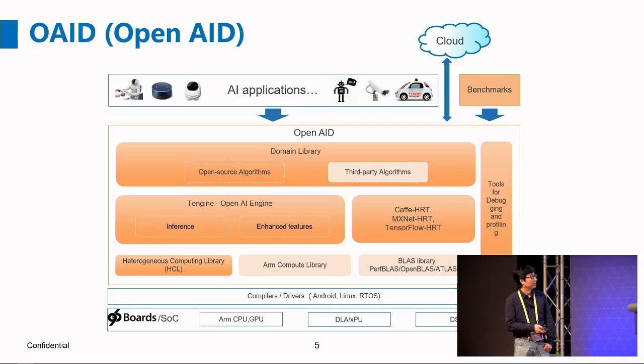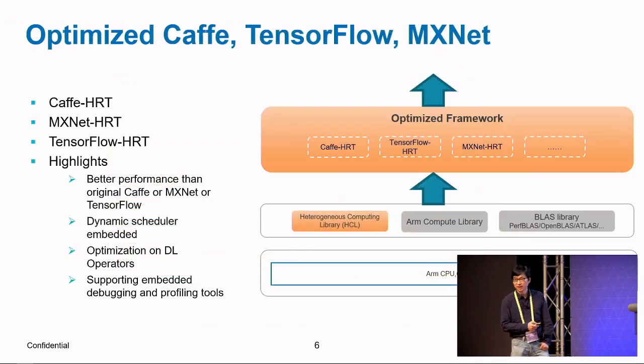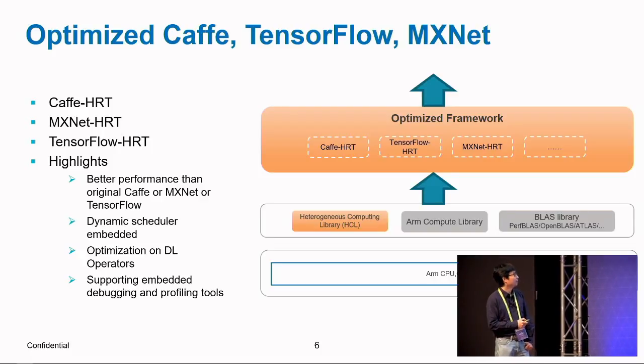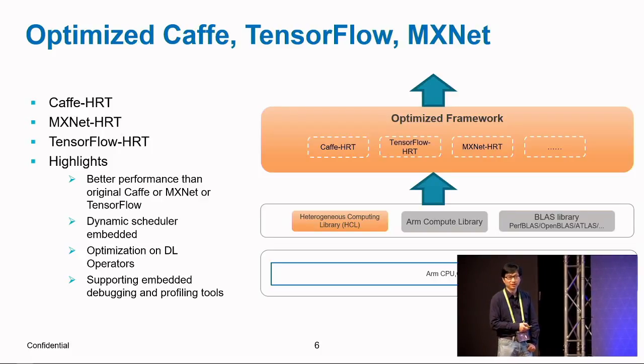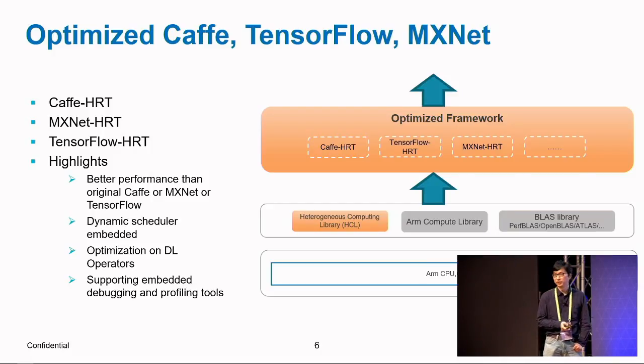Okay, let's jump to more details. This optimized Caffe TensorFlow MXNet. Okay, what we did on optimization. Our optimization focused on improving performance.